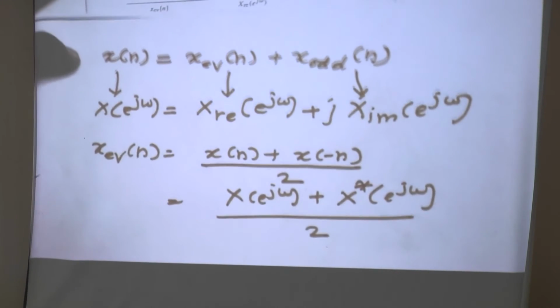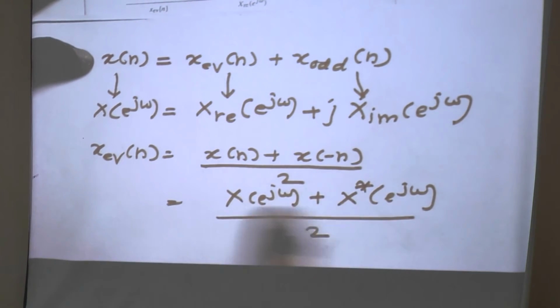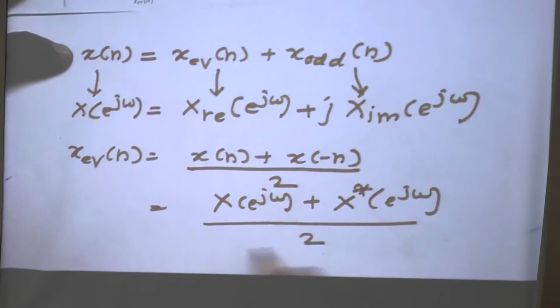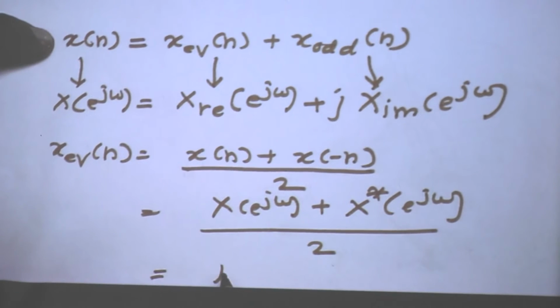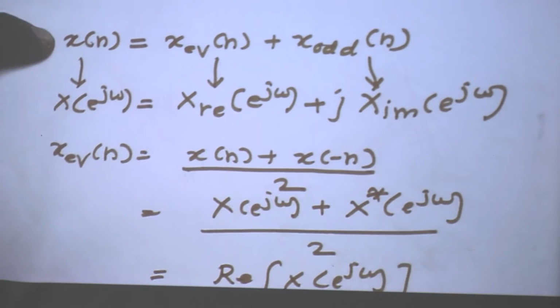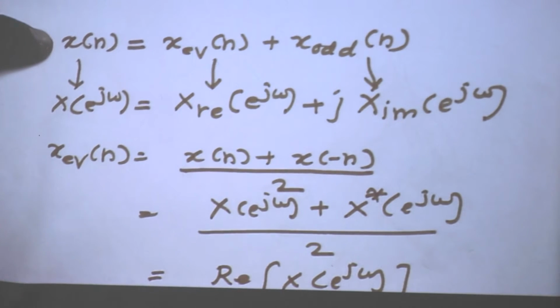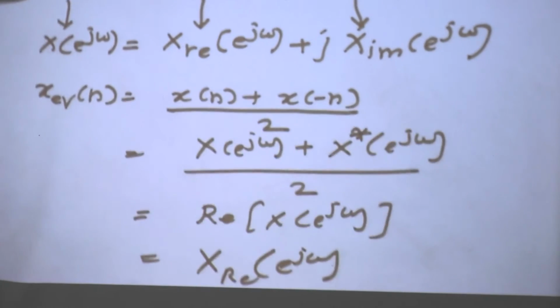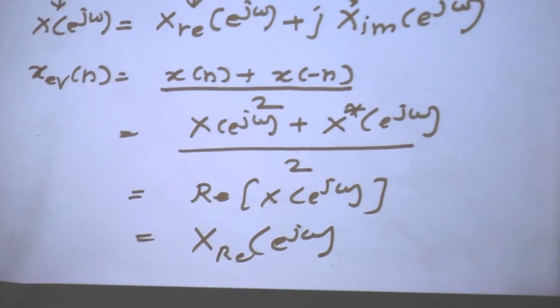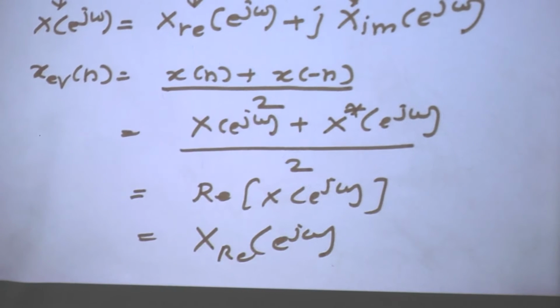What is the addition? X plus X star is twice the real part. Twice the real part divided by 2 is the real part of X(e^{jω}), which is written as X_re(e^{jω}). That is the proof. Okay?